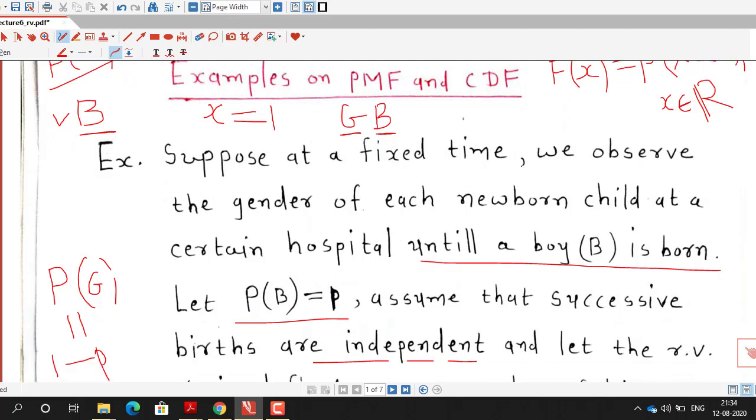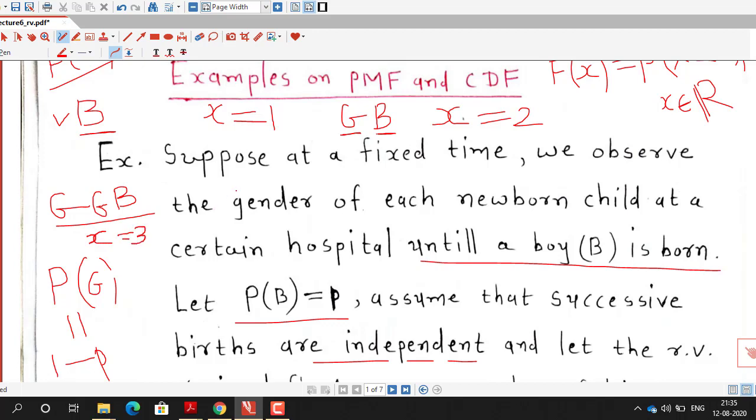So if the first born is a girl and the second born is a boy, then the number of births observed will be 2. In this way, if the first and second born children are girls and the third is a boy, then the value of the random variable will be 3.